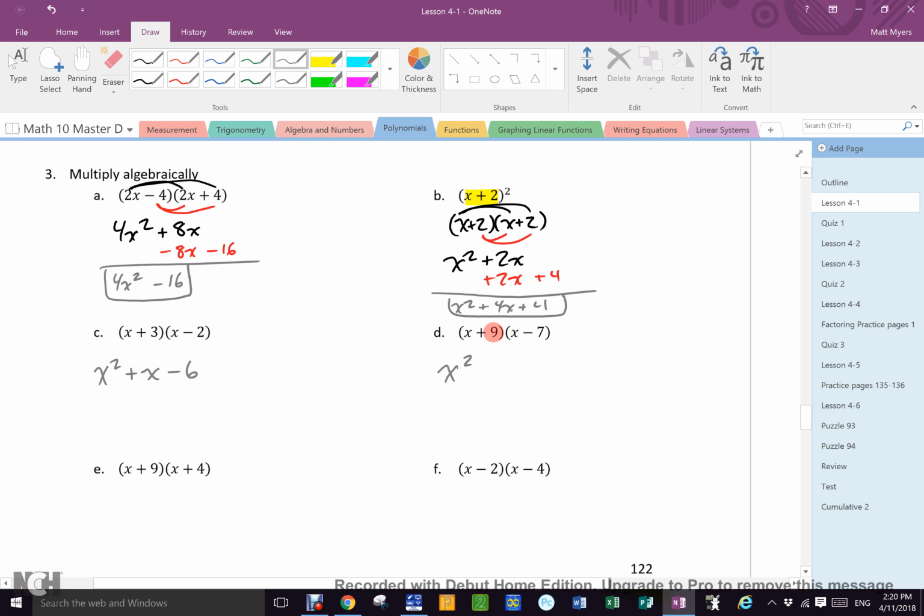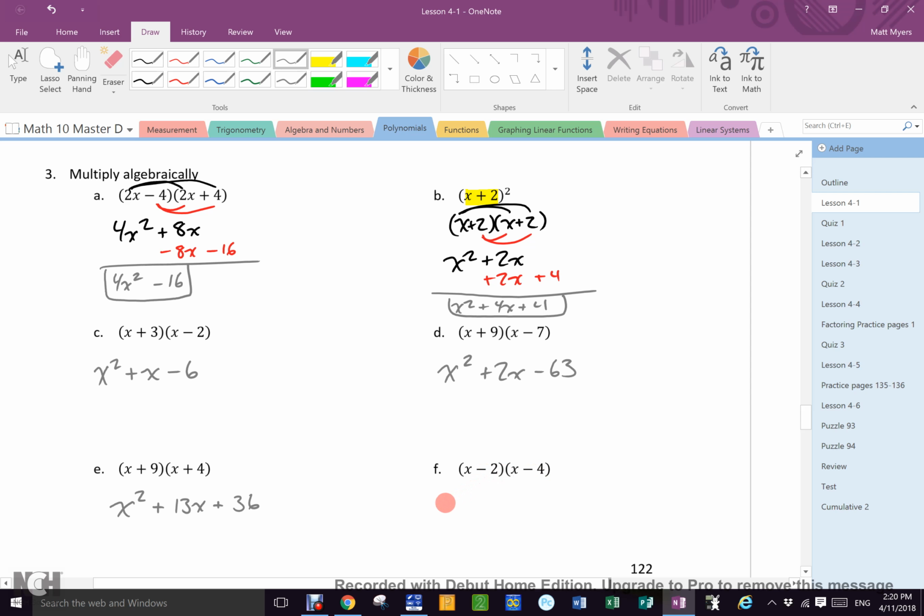X squared. What's 9 minus 7? Positive 2x. And what's 9 times negative 7? Negative 63. X and x, so I can shortcut. 9 plus 4, 13x. 9 times 4, 36.